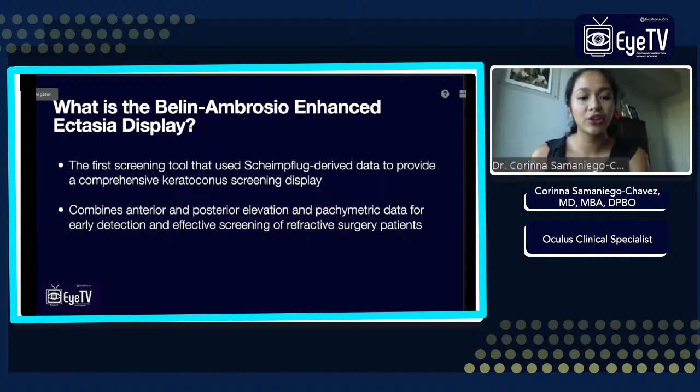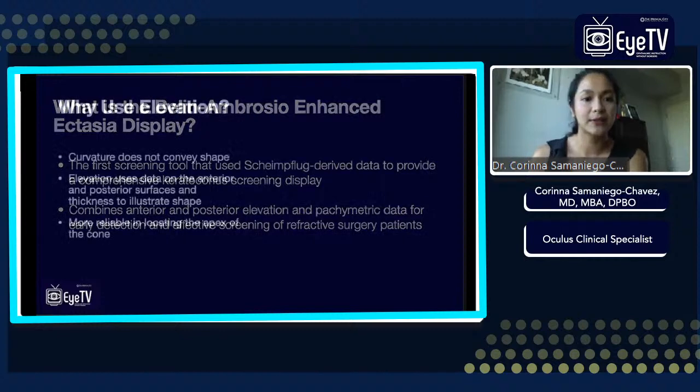The combination of the anterior and posterior elevation and complete pachymetric data gives the clinician a more complete view of the structures of the cornea and allows for earlier detection and more effective screening than was possible with previous systems.